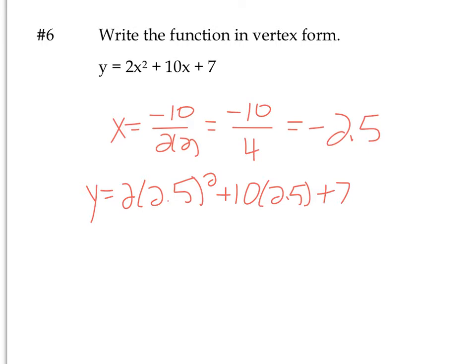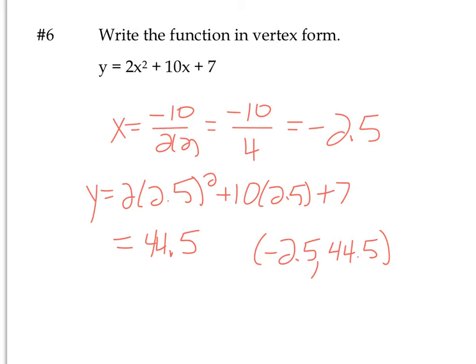And we're going to get a y value of 44.5. So that means we're going to have a vertex of negative 2.5, comma 44.5. How can we write that into vertex form?